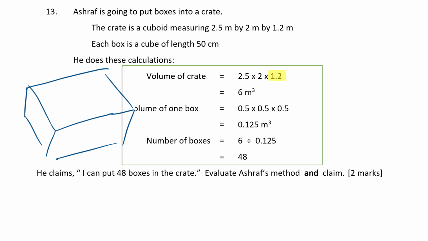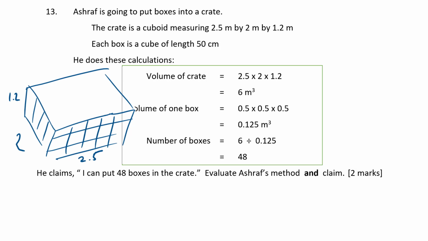So let's imagine that this measurement here is the 2 meters, and this is the 2.5 meters, and the height of the box is the 1.2 meters. Okay, so obviously he can fit 4 little cubes going in this direction. 0.5, 0.5, 0.5, 0.5 is equal to 2, and he can put 5 little boxes in this direction. 0.5 times 5 is 2.5, but in the 1.2 direction he's going to be able to fit 1, 2, and then part of a box.